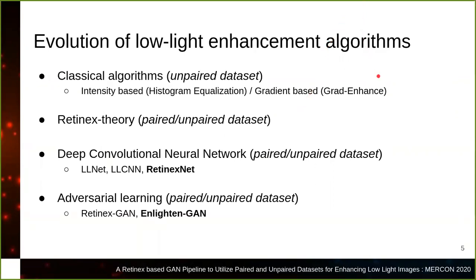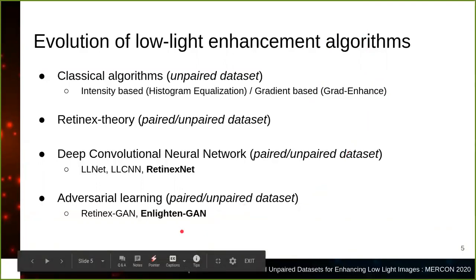Then we have deep convolutional networks for enhancement of low light images, which are LLNet, low light CNN, and then there is Retinex-Net. Our work mainly draws inspiration from Retinex-Net. And then there are adversarial learning based techniques where we use generative adversarial networks, and our work mainly draws inspiration from the EnlightenGAN paper.